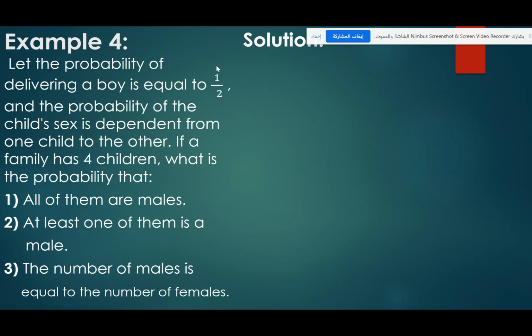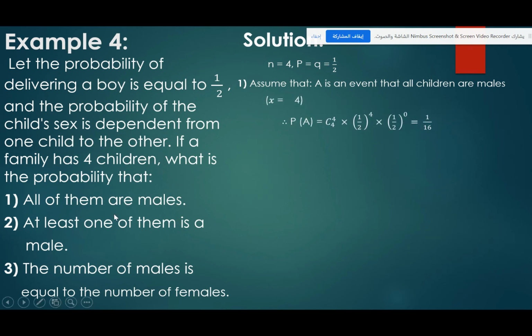So that means the probability of success is half and the probability of failure is half again, which are equal. In 1, we say assume that A is the event that all children are males, because he said that all of them are males. So the 4 should be males. That will make x equal 4.